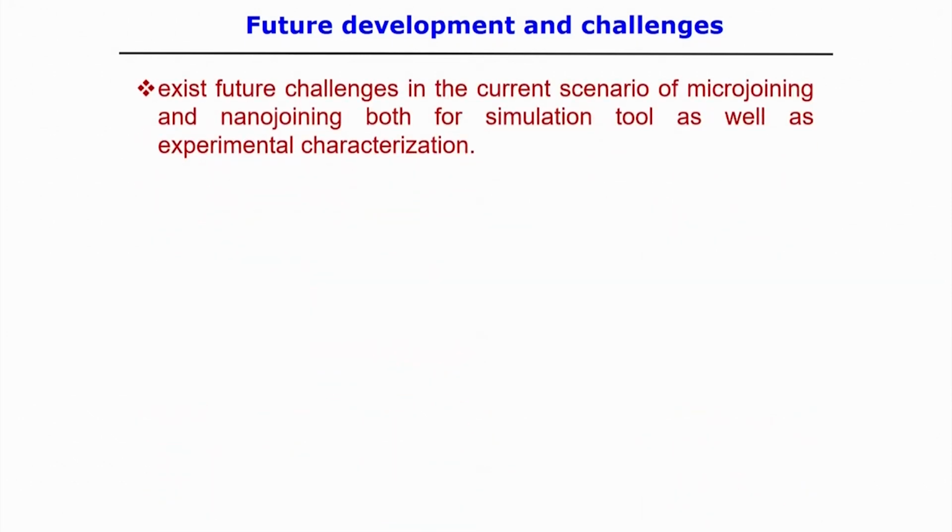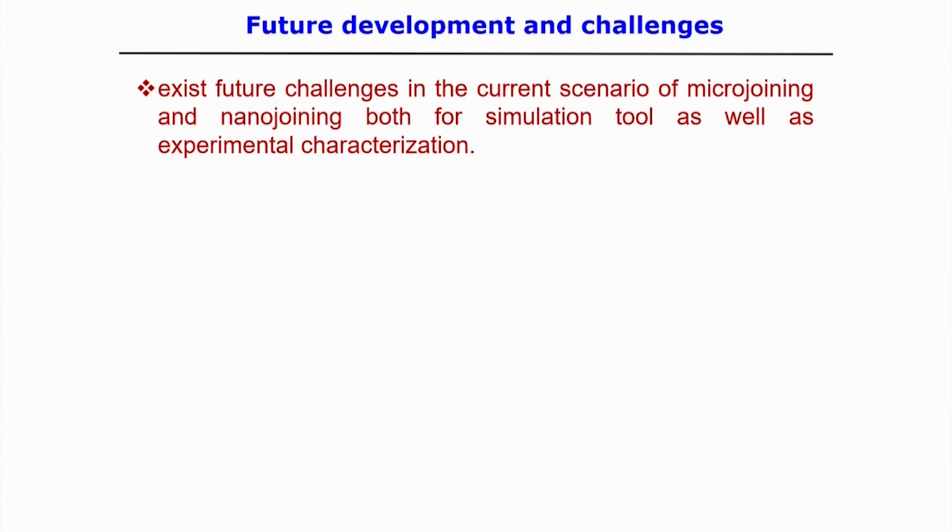So, what are the future developments and challenges in micro joining and nano joining technologies? First, future challenges exist in the current scenario of micro joining and nano joining for both simulation tools as well as experimental characterization. We can find several different dissimilar combinations of materials, and characterization of the welded joint is also necessary.